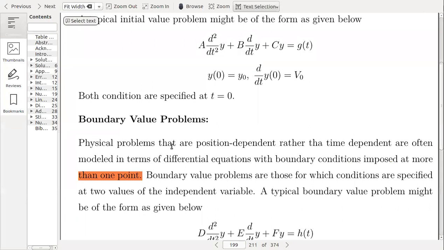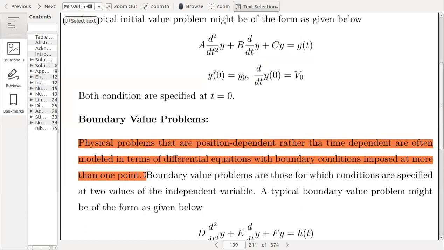You can also say that if the conditions of the differential problem are not specified at one value of the independent variable, then they will not be initial conditions, they could be boundary conditions. So we can say that in boundary value problems, the conditions are specified at more than one point.